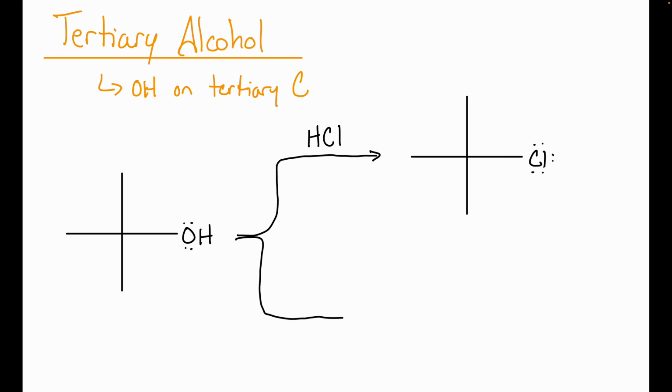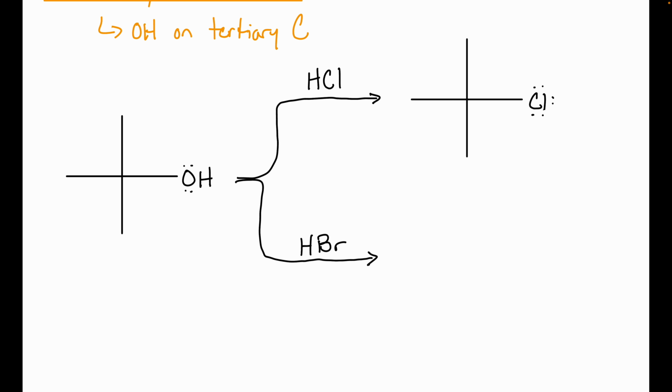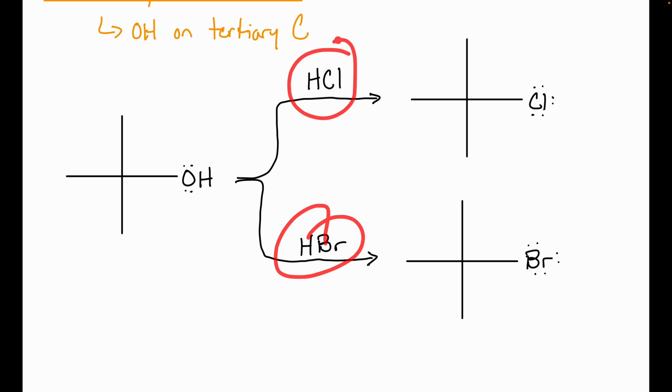If instead you used hydrobromic acid, that would get you to an alkyl bromide. All right, presumably hydroiodic acid would get you to an alkyl iodide. These are by far the most common ones, HCl being the most common of the two.